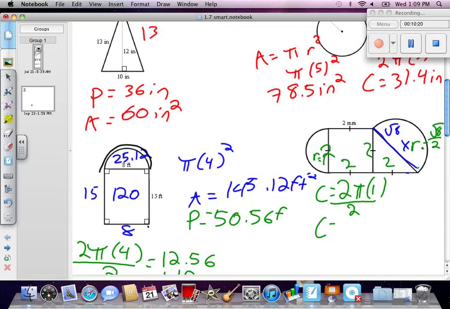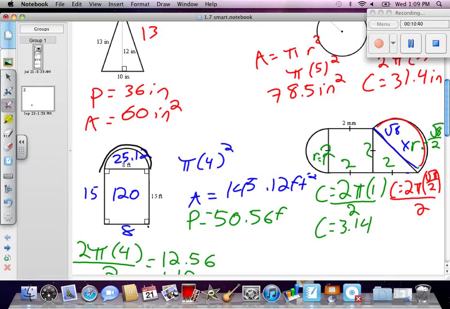So that simply gives me that the circumference for the little circle is 3.14.